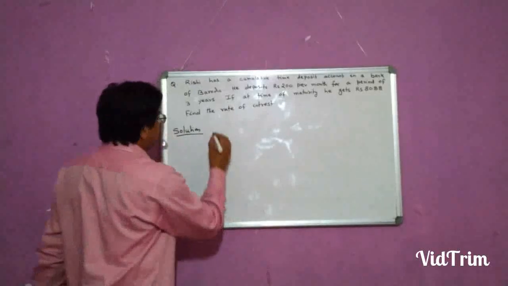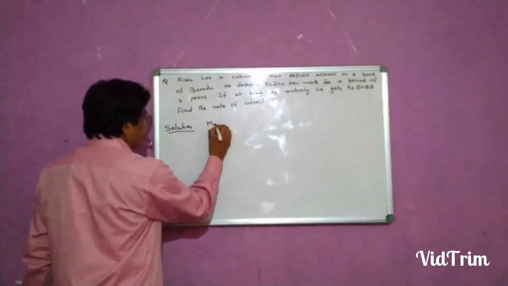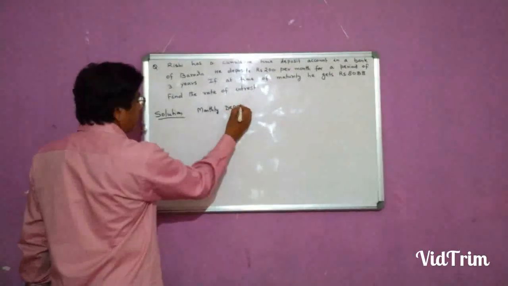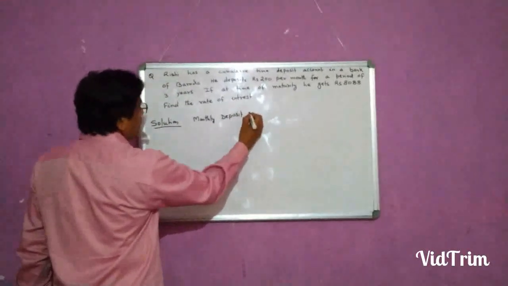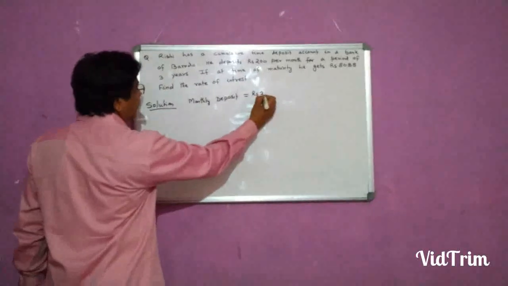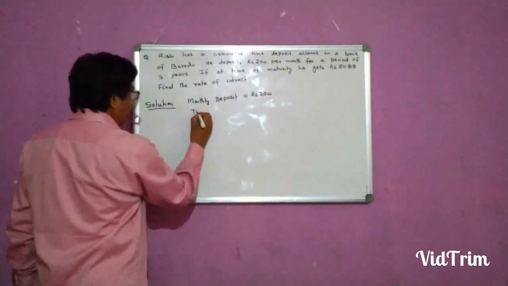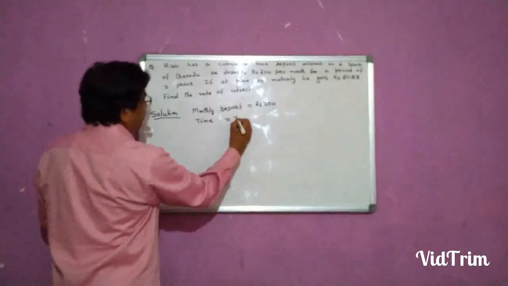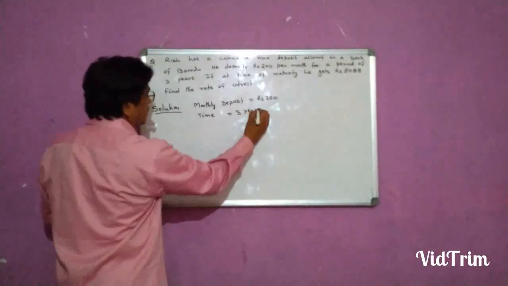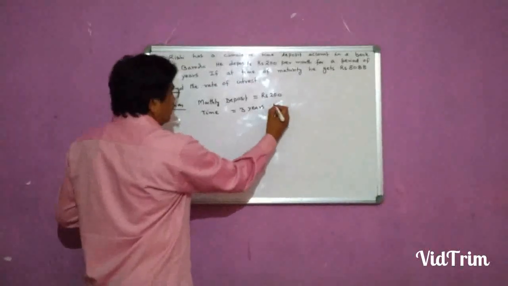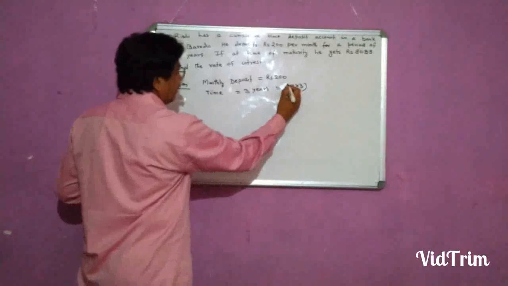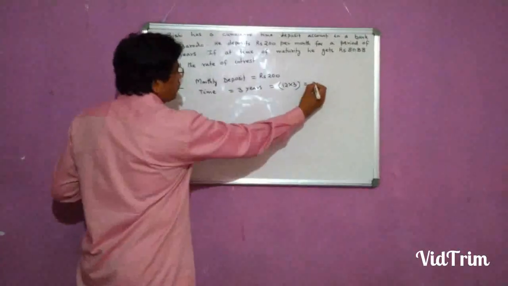So here the monthly deposit is rupees 200. Time is given as 3 years, which is nothing but 12 into 3, 36 months.